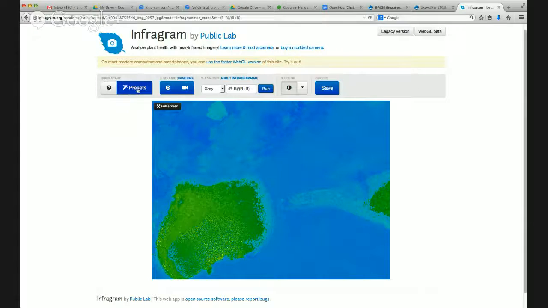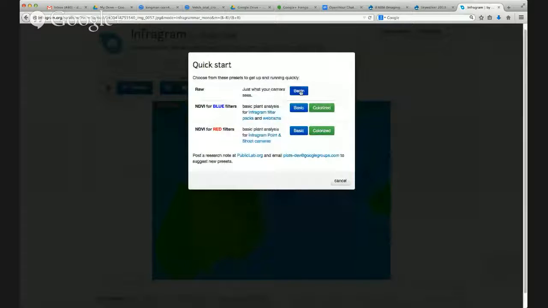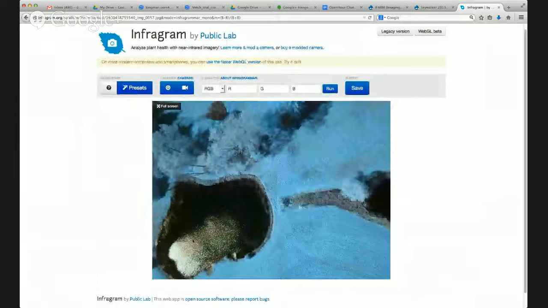Let me see if we can go back and see the original image. You've got a lot of sunlight reflection over here, which I think is a little distracting, and some of the growth over here was not getting picked up as well.